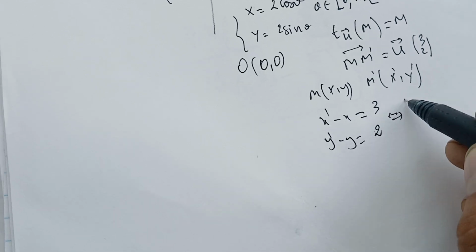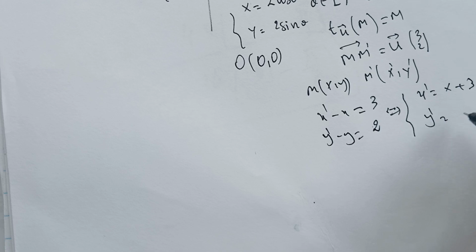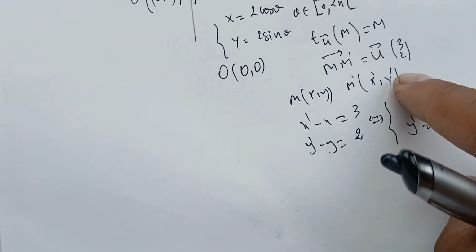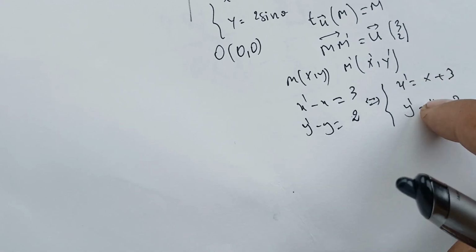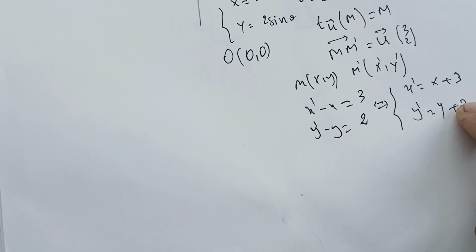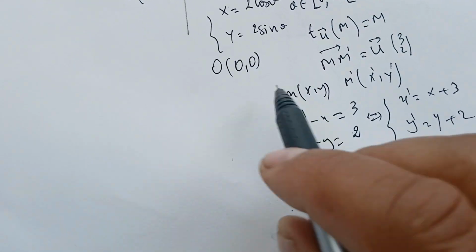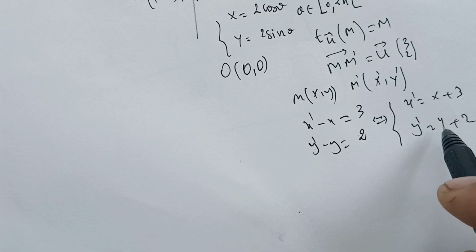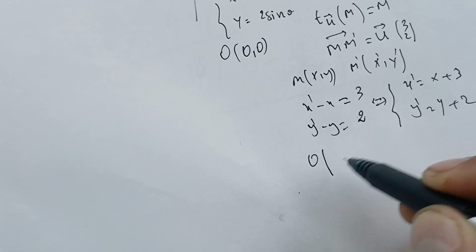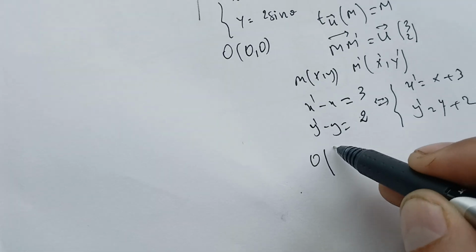So we have x prime is x plus 3 and y prime is y plus 2. So this is saying that the new coordinates are given by x plus 3 and y plus 2. So for our case, the origin has coordinates (x, y) given by (0, 0). So the origin is gonna be (0 plus 3, 0 plus 2), which is (3, 2).